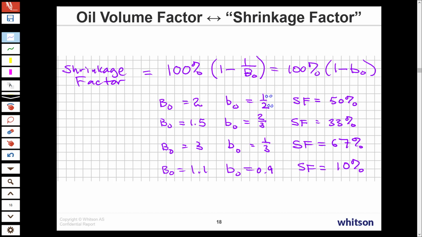This is actually the inverse here. So you start with 200 barrels in the reservoir at P&T, and you end up with 100 barrels here at the surface. And that shrinkage factor would then be 50%.